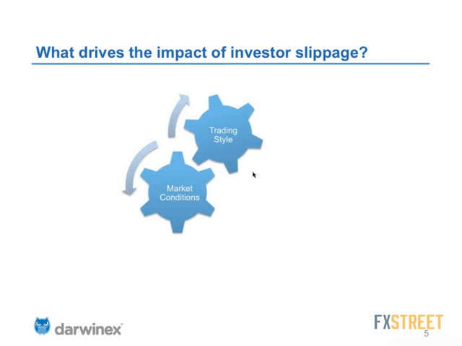The second one is, of course, market conditions. There are times when there's very ample liquidity and a lot of people willing to take the other side of your trade. In those situations, it's not a problem to send 20 million clips and still get filled, no problem. But if you're going for very volatile market conditions, or you trade at very volatile market times, such as non-farm payroll or what have you, there's no real liquidity at those times.